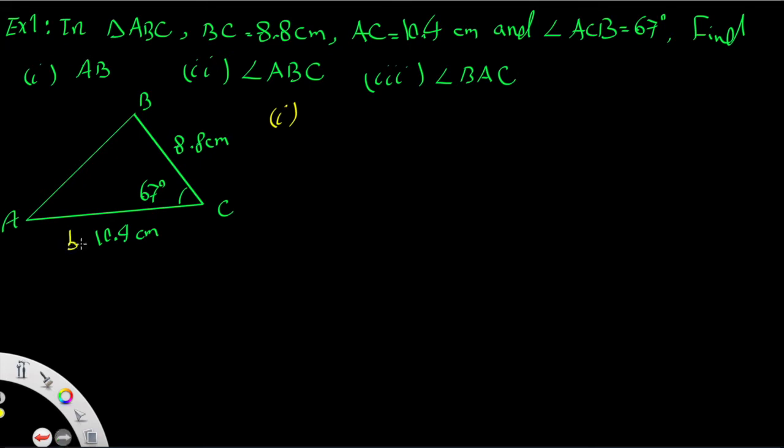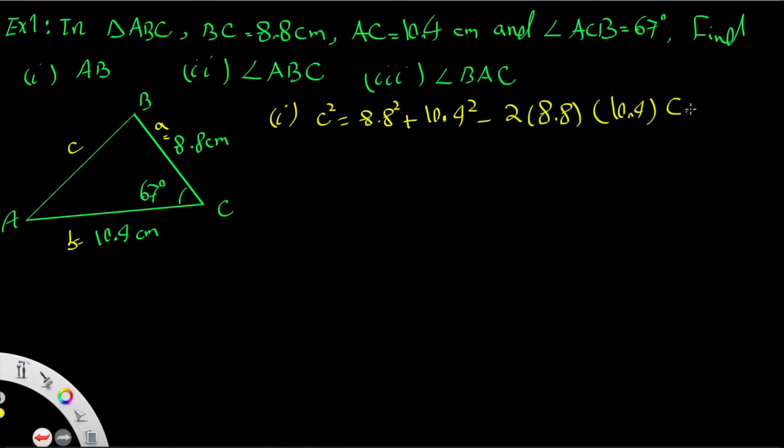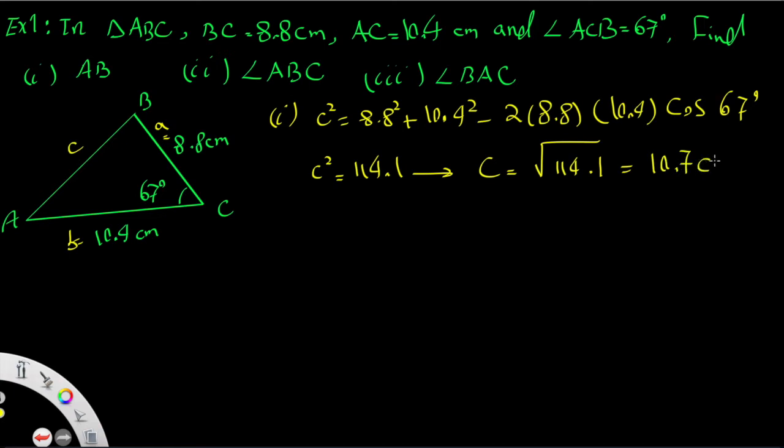Here will be lowercase b, here is lowercase a, and this is lowercase c. c squared is equal to a squared, which is 8.8 squared plus b squared minus twice 8.8 times 10.4 cosine of included angle, which gives you an answer of c squared will be 114.1, then c will be the square root of 114.1, which is 10.7 centimeters.